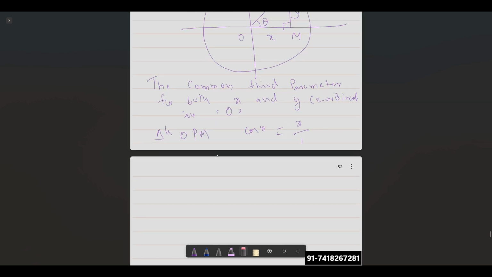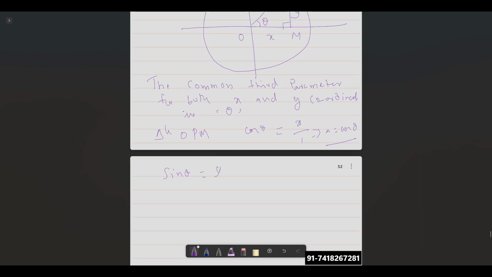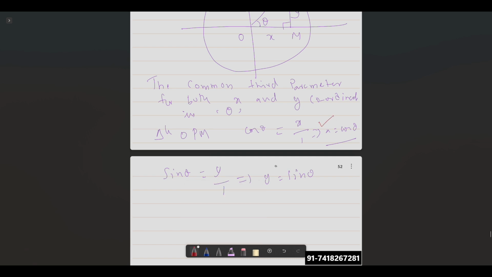This will give you x equal to cos theta, right? If you take sine theta, then sine theta is y by 1. That means y is equal to sine theta. So now you have x and y. This is your x and this is your y.